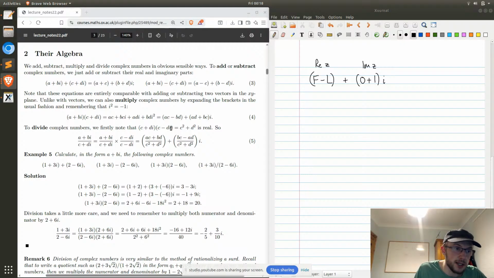When you multiply a complex number with its conjugate, it's the sum of the squares of the real part and the imaginary part, and it's entirely real. The way that you carry out complex number division is you multiply the numerator and denominator by the conjugate of the denominator. And then you get this fine result here.